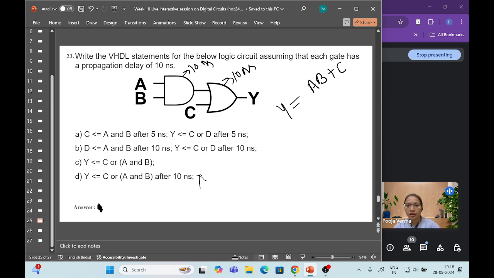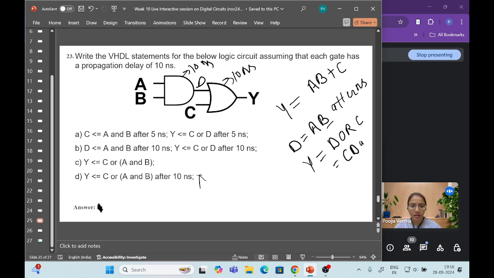So we can assume that the output of the AND gate is D. That's why they have given it in option B. D is equal to A and B, and here it is given that each gate has a propagation delay of 10 nanoseconds, so A and B will operate after 10 nanoseconds, and Y is equal to D or C, that is C or D after 10 nanoseconds.